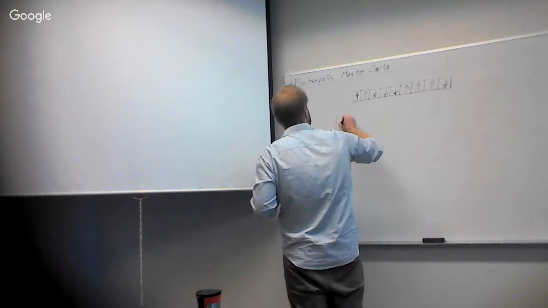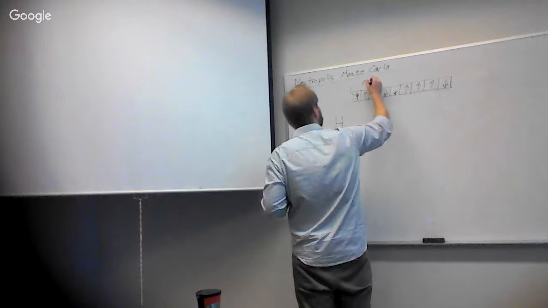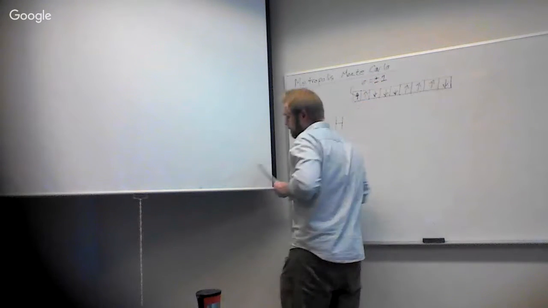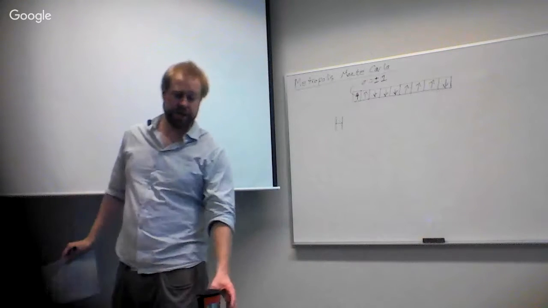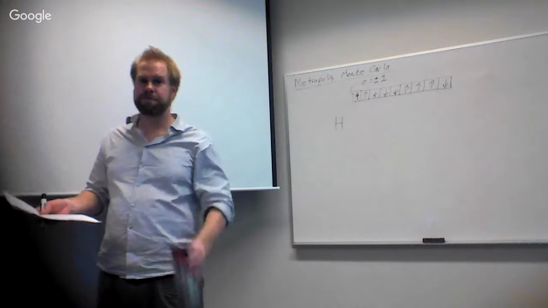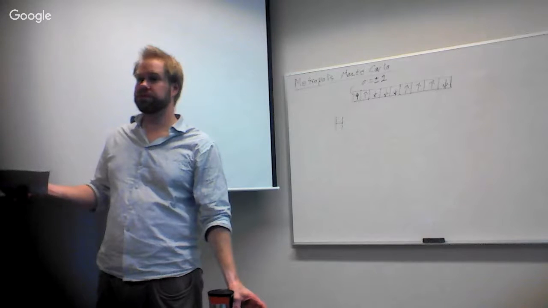Let's call the spins sigma, where sigma can be plus or minus 1. Each site has a sigma of plus or minus 1, plus 1 being up, minus 1 being down.